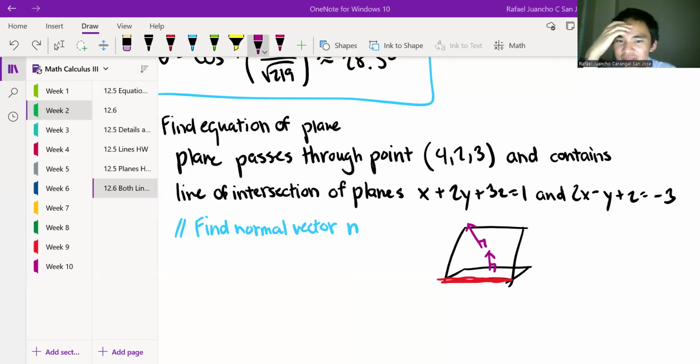So now we're connecting everything that we just learned. If we get the cross product of the two normal vectors of the two planes, we get a vector that's perpendicular. Then we do another cross product on that to get the normal vector. And then we can write down the equation of the plane.